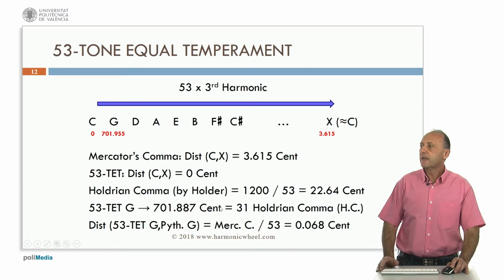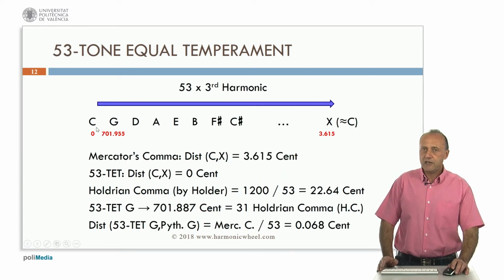If we start with note C and consider the third harmonic is G, then its third harmonic, and so on. If the first note is number 0, G is number 1, D number 2, and so on, then the note number 53 is very close to C, the difference being 3.615 cents.